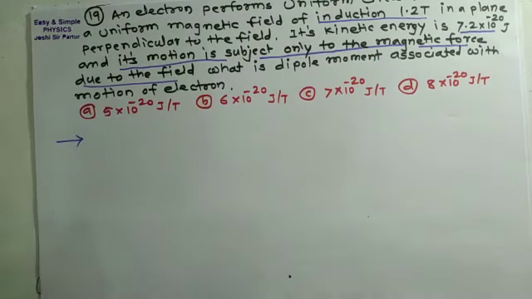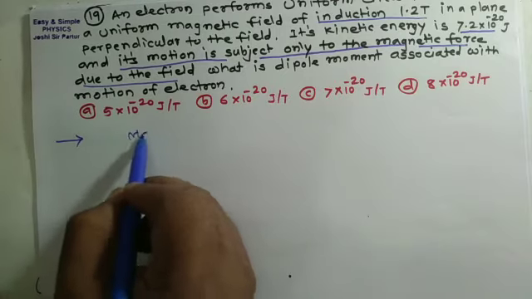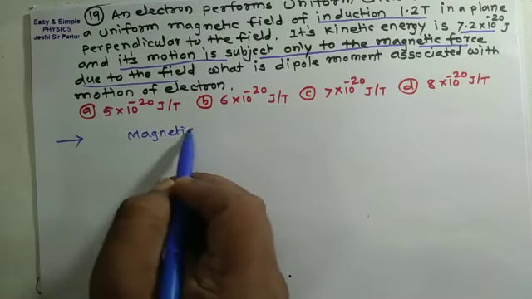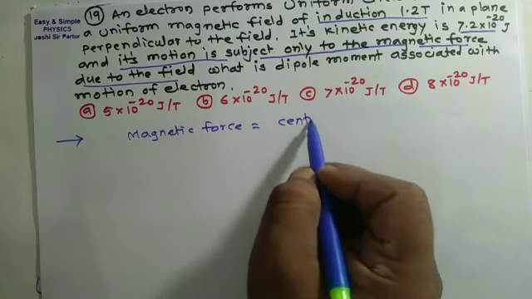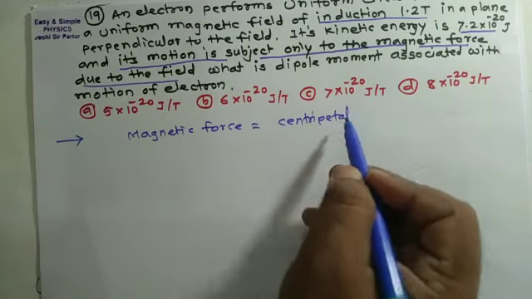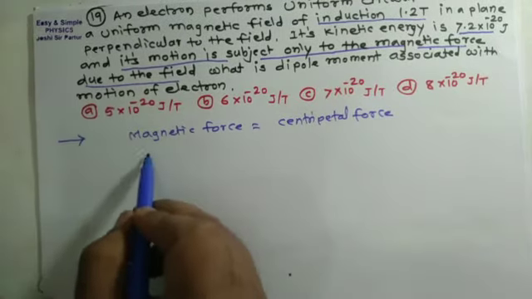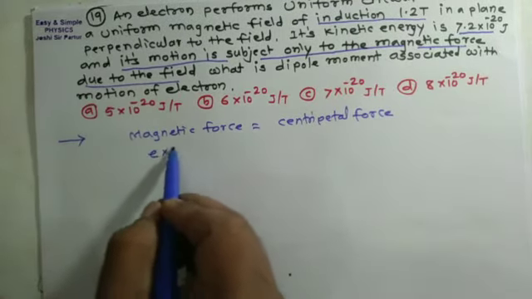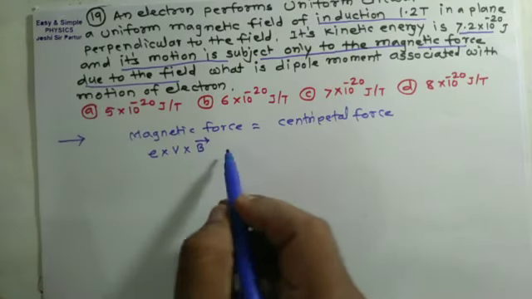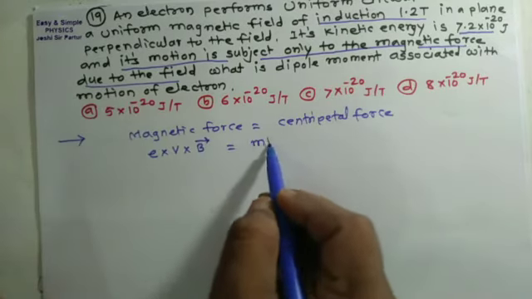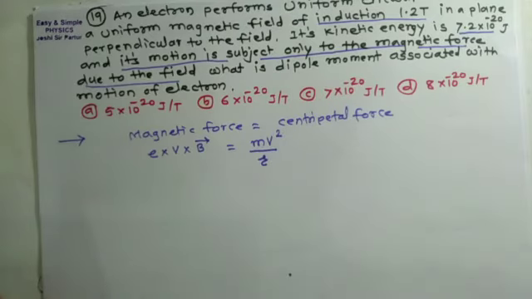In such an example, we know that the magnetic force is equal to the centripetal force. The magnetic force is charge multiplied by velocity multiplied by magnetic field induction, equal to mass times velocity square upon r.